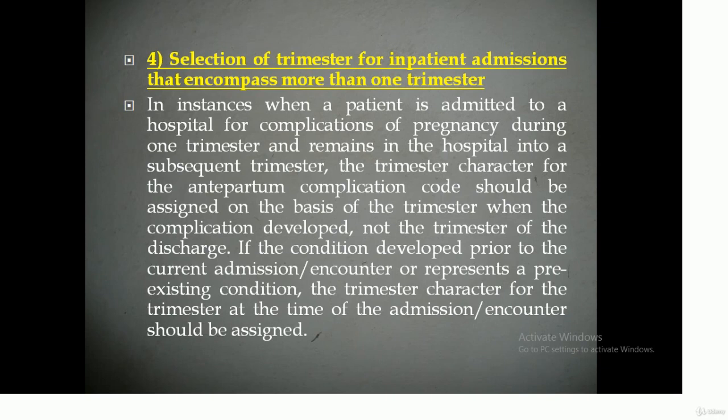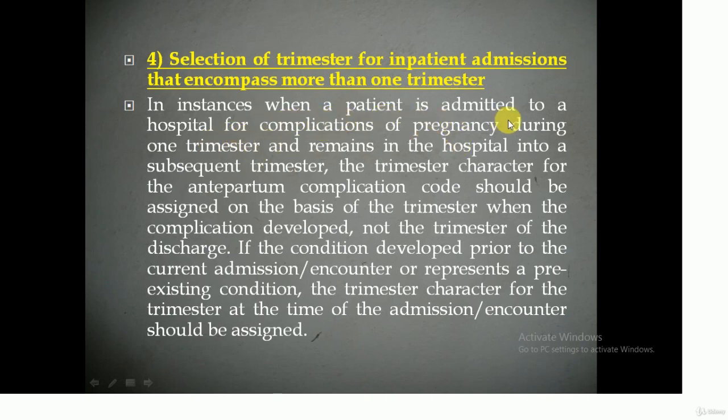We have to code the hypertension complicating pregnancy, first trimester, because at the time of discharge she is in the second trimester, so we should not code hypertension complicating pregnancy, second trimester. We should not code the discharge trimester. We have to code the complication at admission.